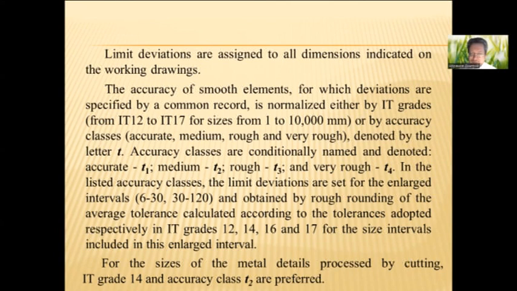In the listed accuracy classes, the limit deviations are set for the enlarged intervals from 6 to 30, from 30 to 120, and obtained by rounding of the average tolerance calculated according to the tolerance adopted respectively in IT grades 12, 14, 16, and 17 for the size intervals included in this enlarged interval.